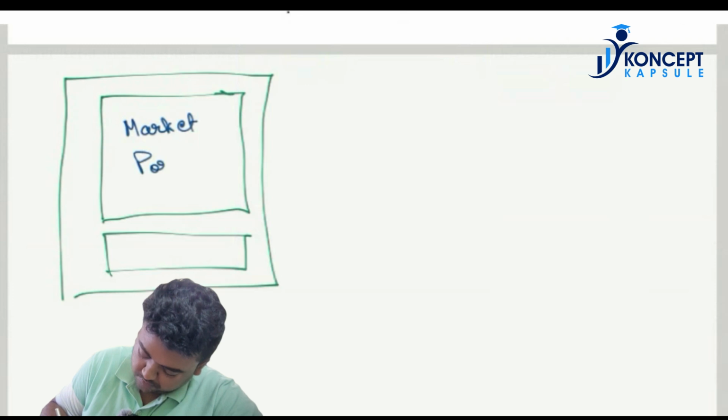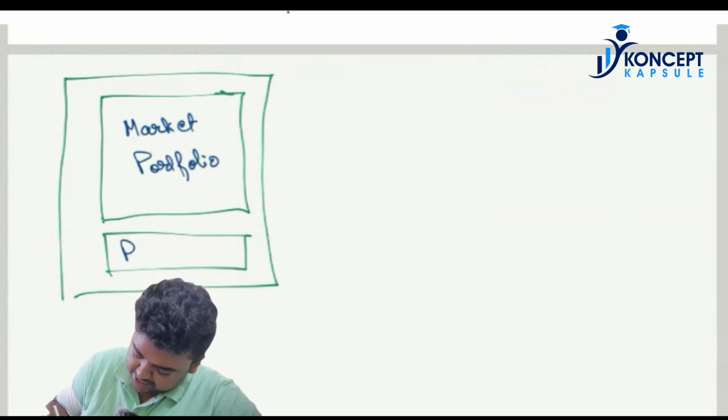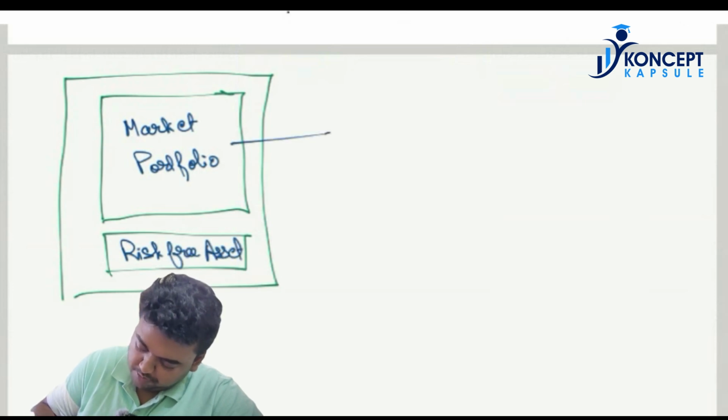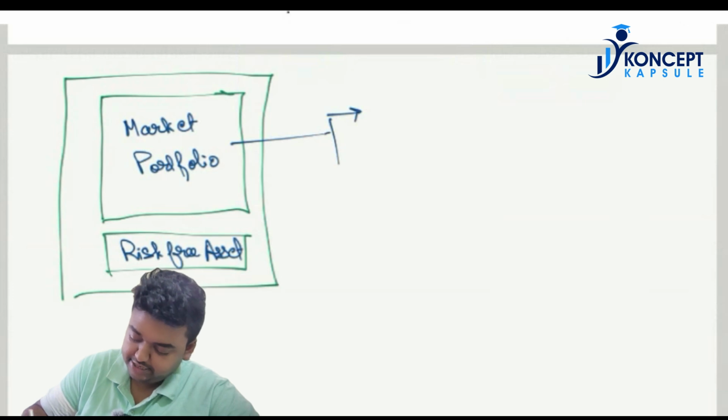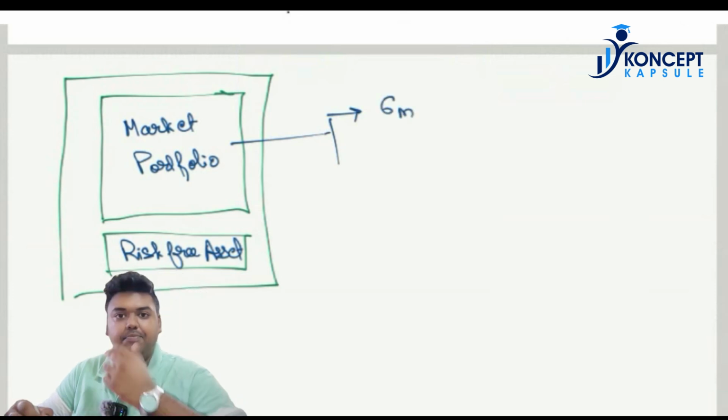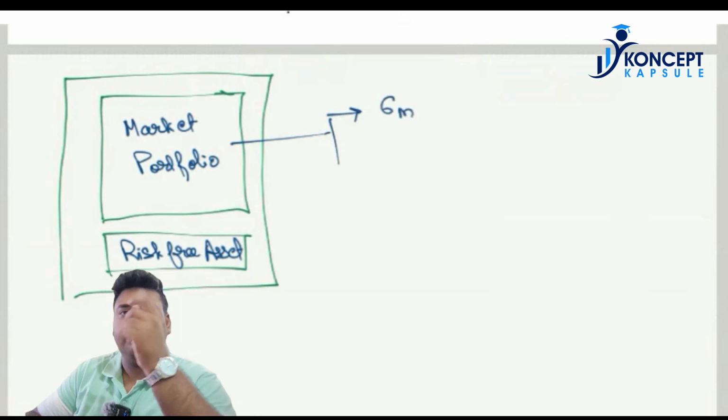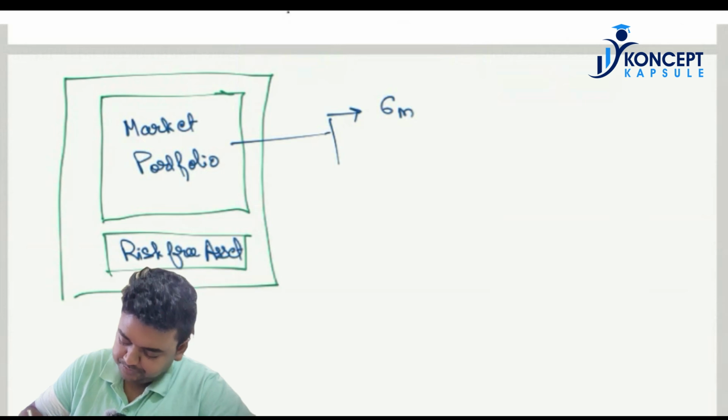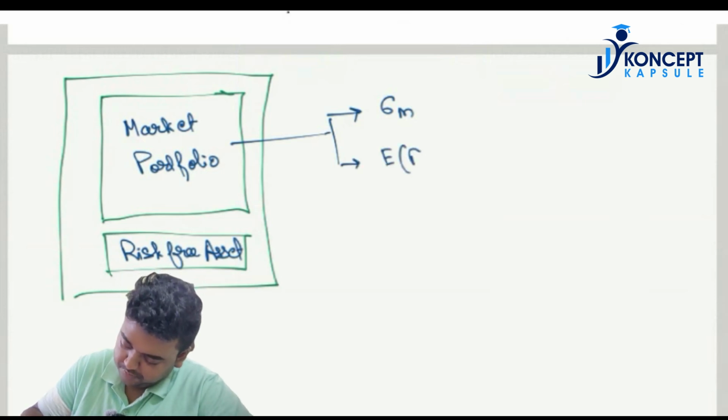This is the risk-free asset. We all know the market risky portfolio will have a risk shown as sigma M, correct? Sigma is the standard deviation, and it will have the return as ERM.